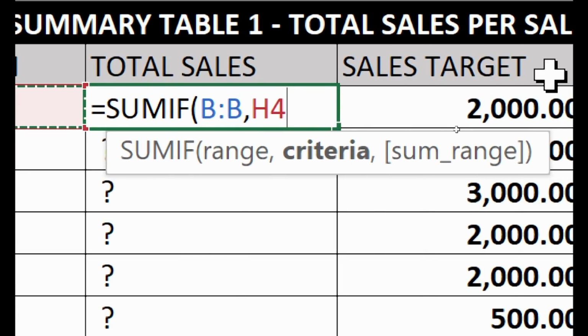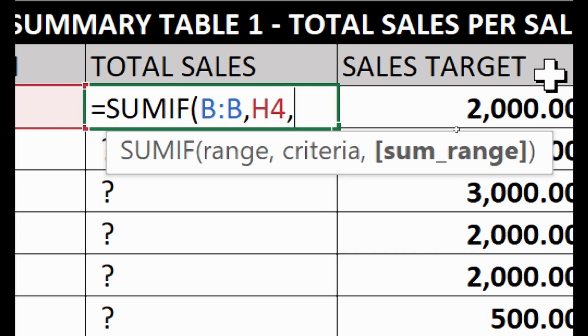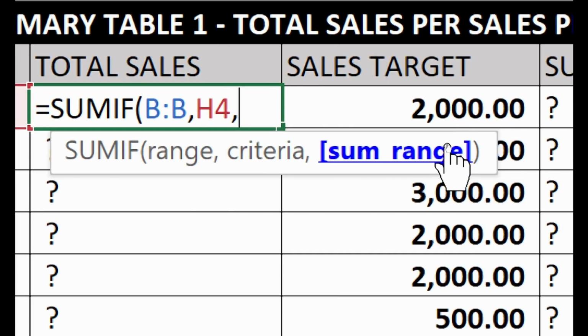We need to bring a comma to move to the next argument. Now when I brought a comma, I can see that sum range is now highlighted. So I'm supposed to provide the sum range. This is where the summing will be done. And this is also a range.